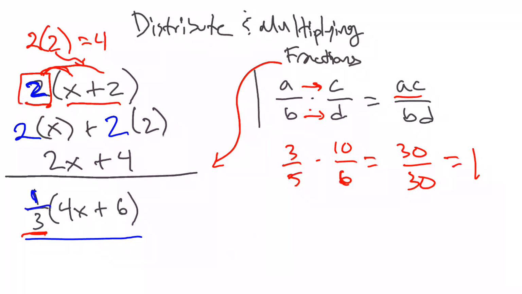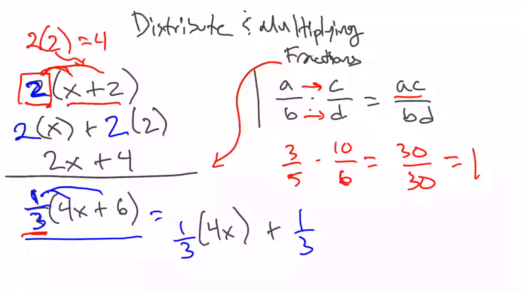So I get this 1/3 here, right, gets distributed into both terms. I have 1/3 times 4x plus 1/3 times 6. Now remember, when you're multiplying a fraction with a whole number or an expression like 4x, remember that is 4x over 1 and 6 over 1.